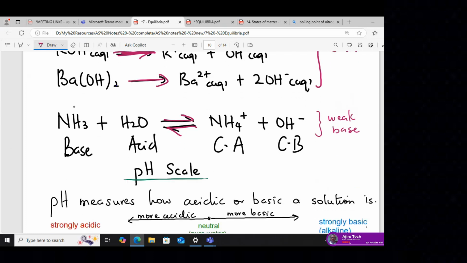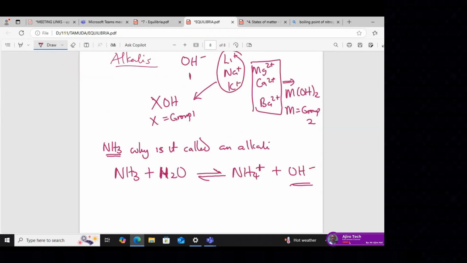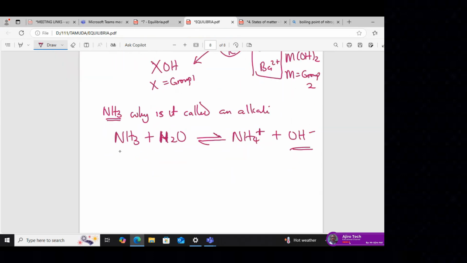Now, a base is a proton acceptor, right? When a base accepts a proton, what does it become? It becomes a conjugate acid. Let me write it there for you. A base forms a conjugate acid. When a base accepts a proton, it forms a conjugate acid.